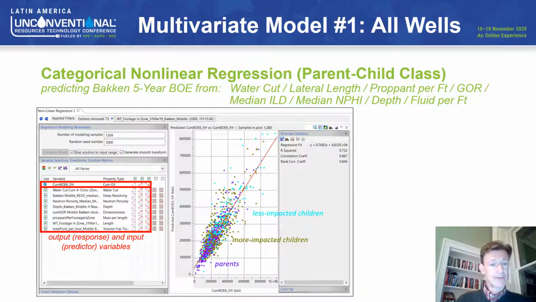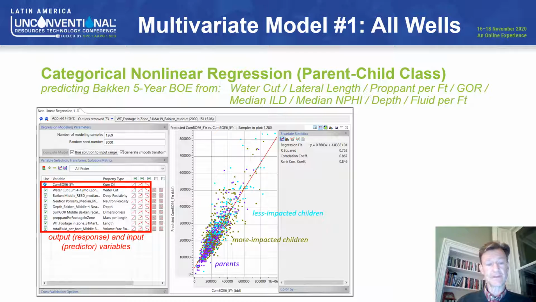What I ended up with were 8 predictor variables. Water cut, I used 4 to 12 month water cut to try to take out some of the flowback fluid. I used median well log values for both deep resistivity and neutron porosity. I took the average depth of the lateral portion of the wellbore.